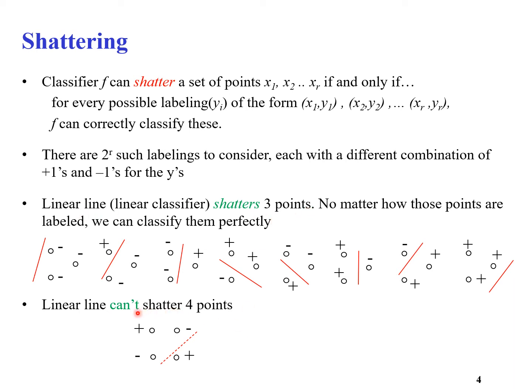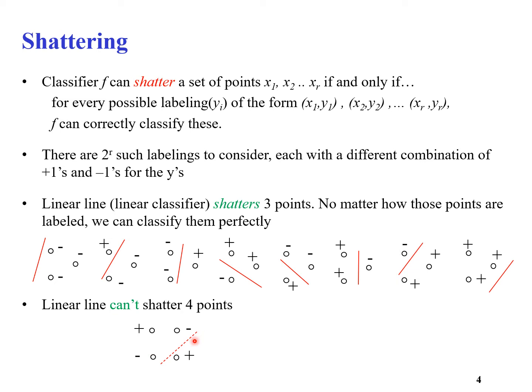How about we increase the number of data points to 4? Let's say we have 4 data points. Then this linear classifier cannot shatter 4 data points, because we have one example here, where this is plus, minus, minus, plus, and we cannot correctly classify using a linear line. It's impossible.